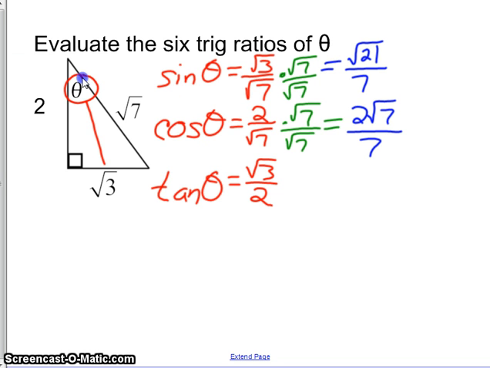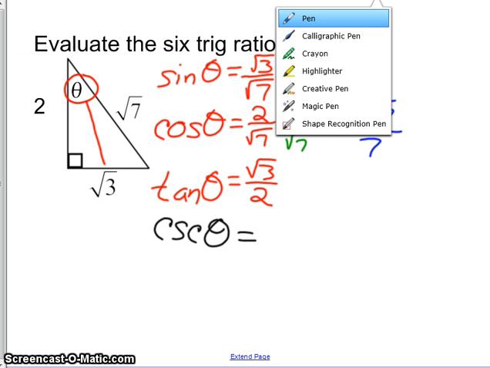So here are my 3 reciprocals now. Cosecant is the reciprocal of sine. Now, you never want to use the rationalized version to find your reciprocals. You always want to go back to the unrationalized version.